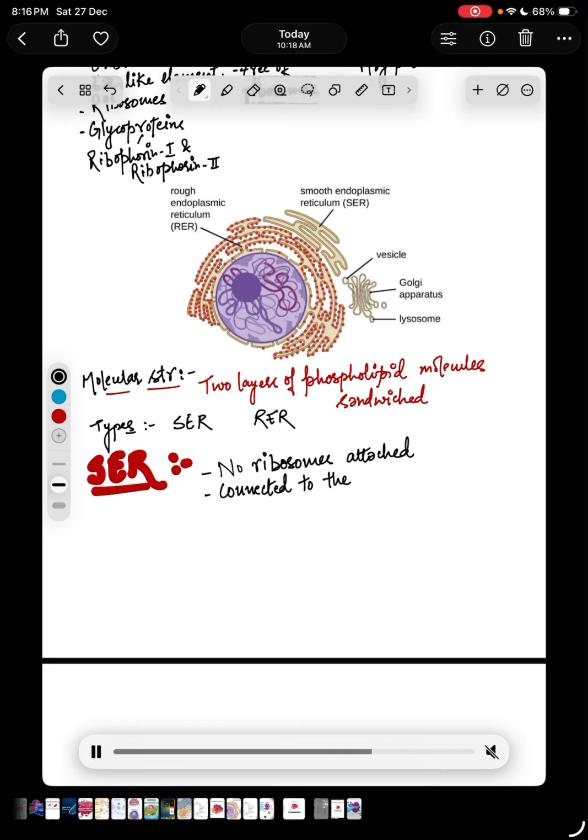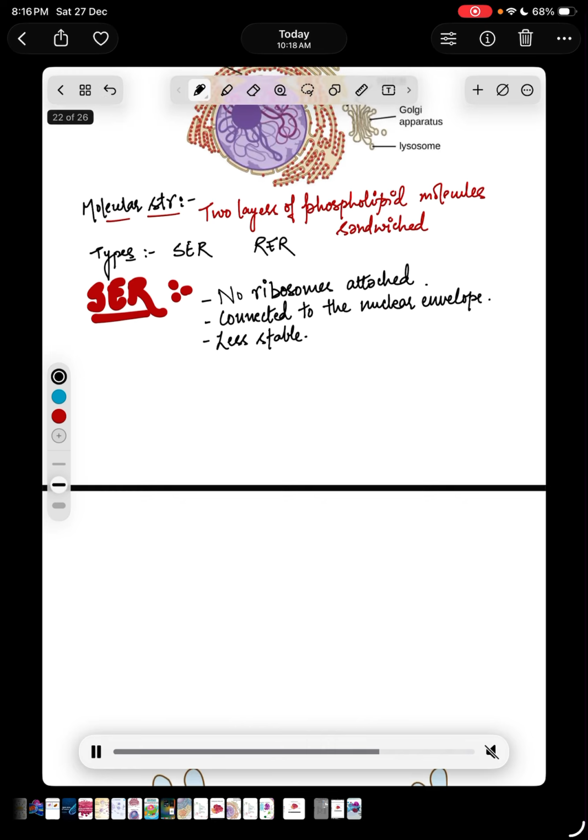We know that there are no ribosomes attached to the membrane surface, and also SER is connected to the nuclear envelope because it is in continuation. Here in this diagram you can see, along with the nucleus, the continuation of SER is present in the nuclear envelope.